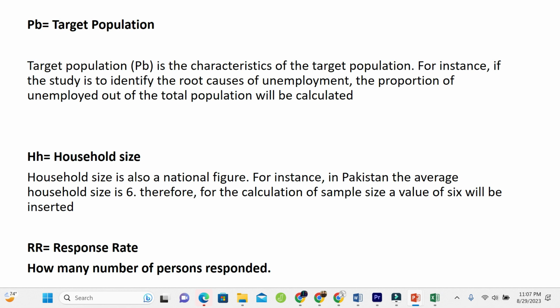This is an important indicator, that is PB, or called the target population. This is basically calculated using age ratio.